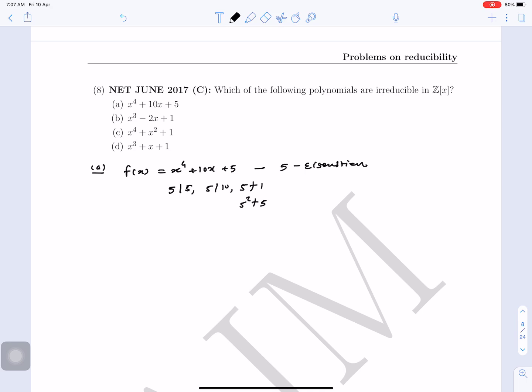So therefore f(x) is irreducible over Q. So therefore f(x) is irreducible over Z, because f(x) is monic.